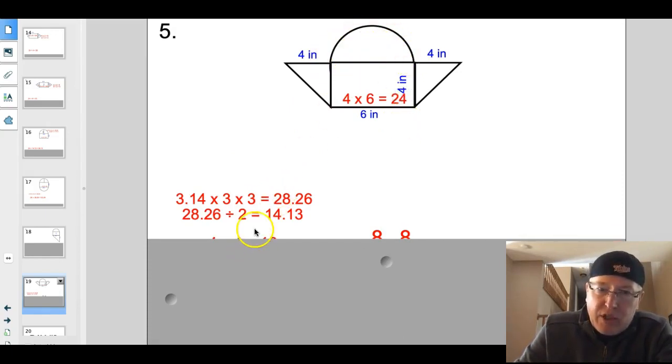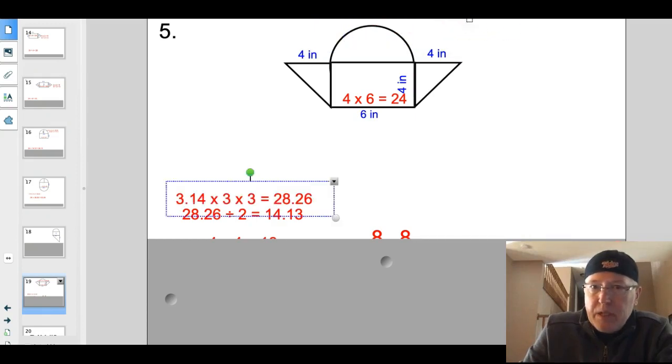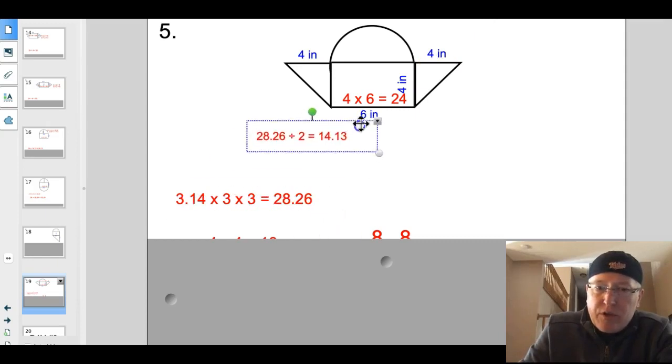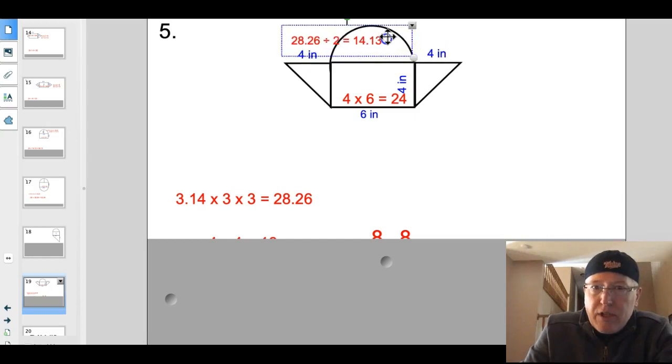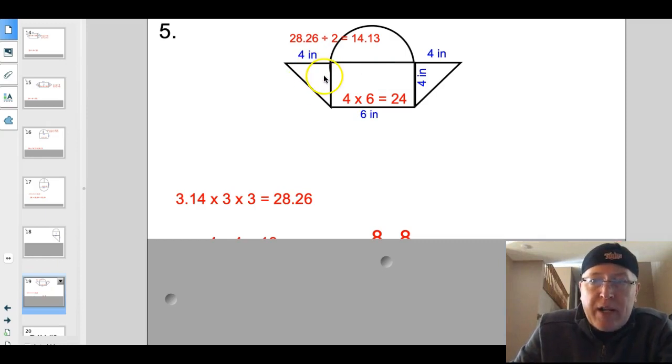Again, that's going to be pi r squared up top here, and that's going to give me 28.26, but I have to divide that by 2 because that's only half a circle. So here's the area of my half circle, 14.13. So I got my 24 for the rectangle and my 14.13 for the half circle. Now I got these 2 triangles here.